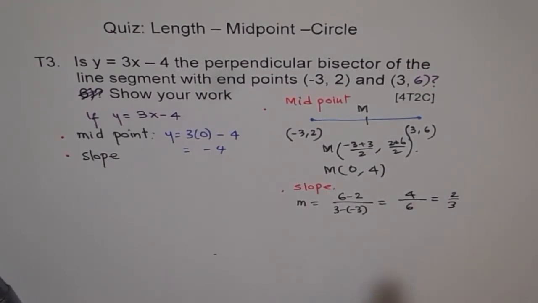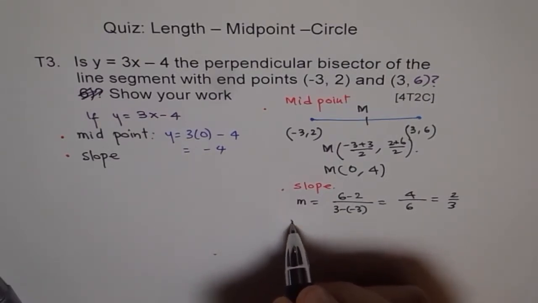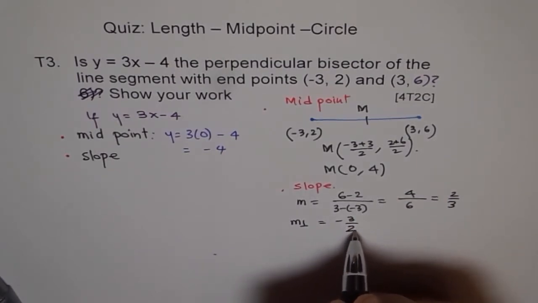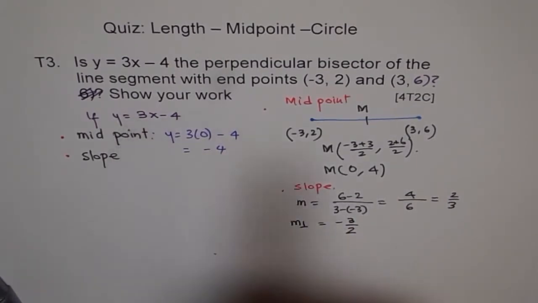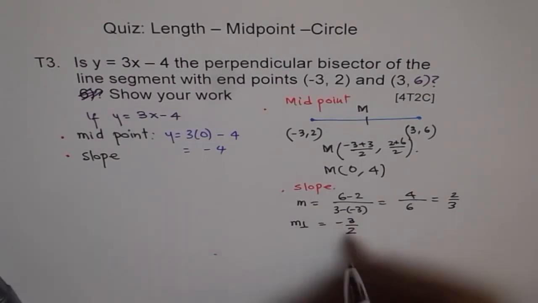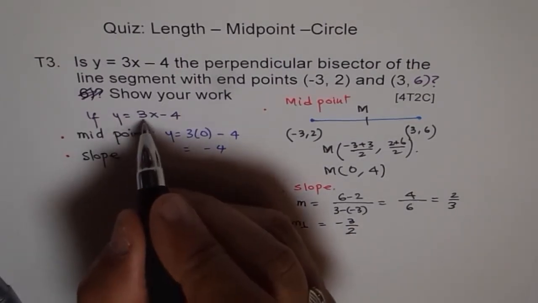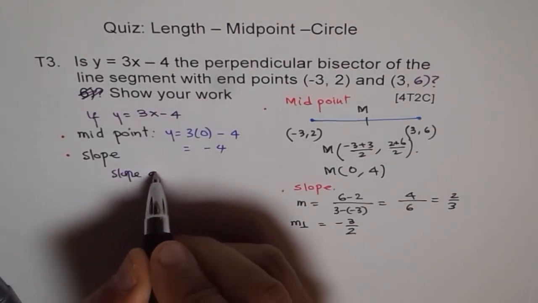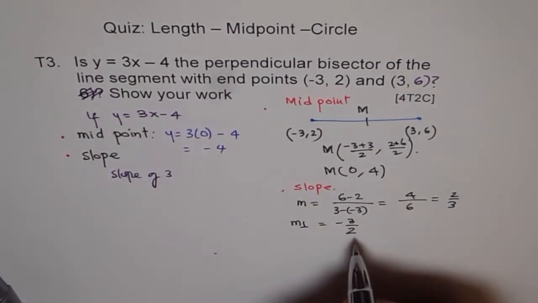So negative reciprocal slope should be how much? We are expecting a slope of the perpendicular to be negative 3 over 2. What do we have? We have a slope of 3 and not negative 3 over 2. Therefore, slope also does not match. So the line has a slope of 3, not minus 3 over 2.